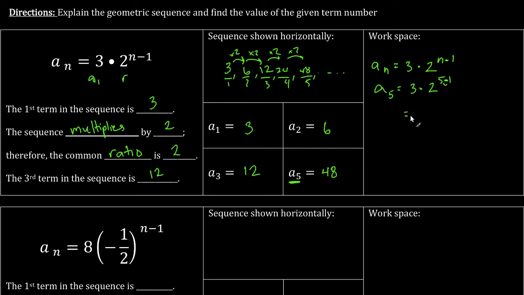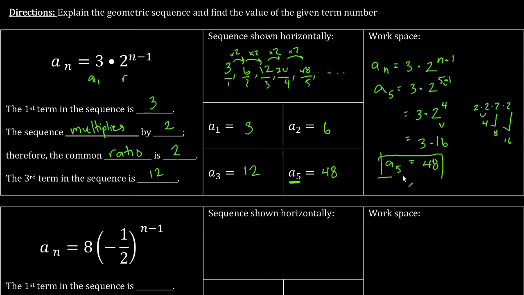So 3 times 2 to the power of 4. 2 times 2 times 2 times 2, 2 to the 4th power, is 4, 8, 16. So 3 times 16, and the fifth term should be 48. 1, 2, 3, 4, 5. It is in fact 48.